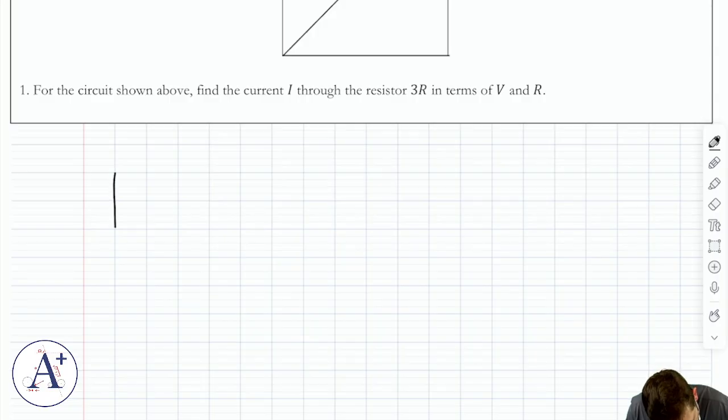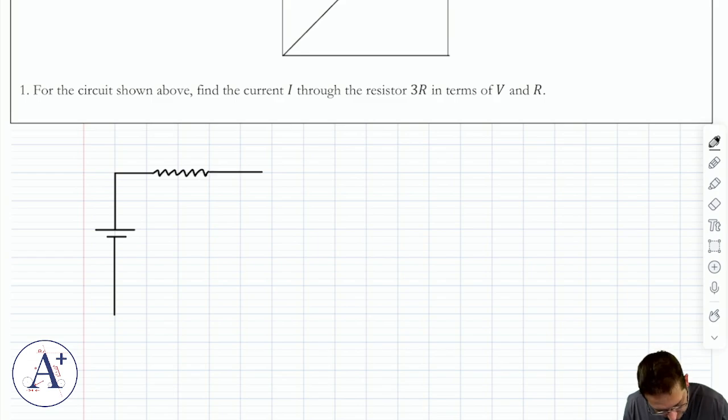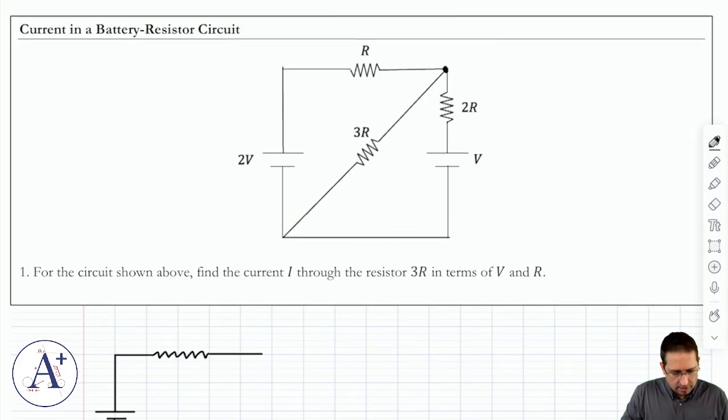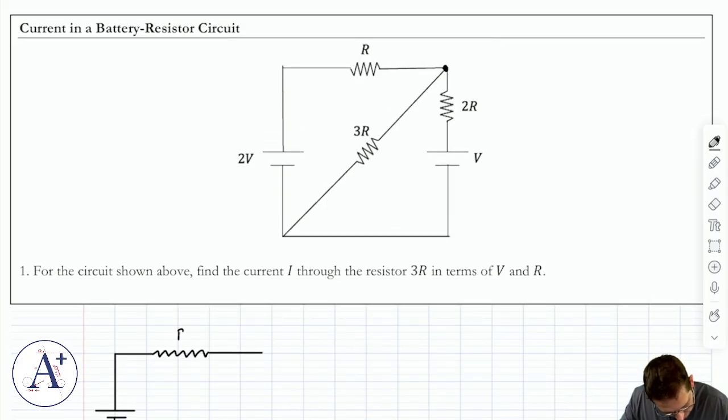So it's going to be a battery here with a voltage 2V. Then we're going to have a resistor here. And then if we look at what we had, that is going to be resistor R, by the way. And then we need 3R going down, 2R followed by V going down to the same wire.